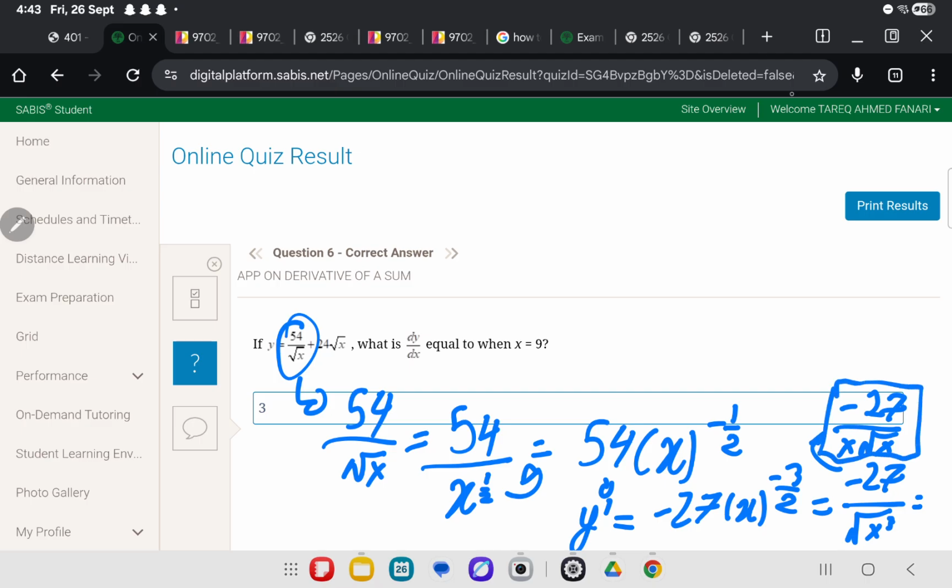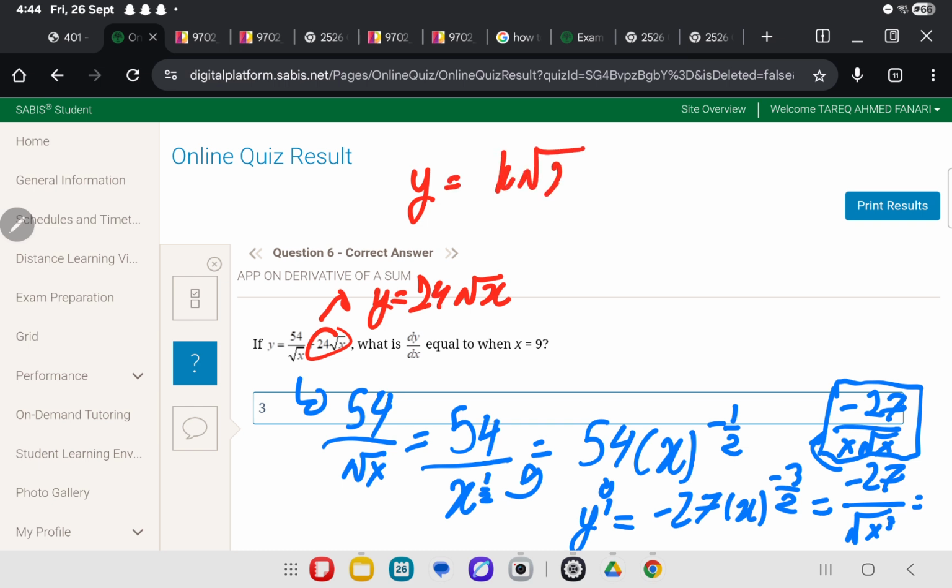Now, our second function that we're going to derive is 24 radical x. This is even simpler to derive, because I'm going to give you a rule to memorize. It's going to make your life very easy. If you have y equals k radical x, then y prime is just k over 2 radical x.